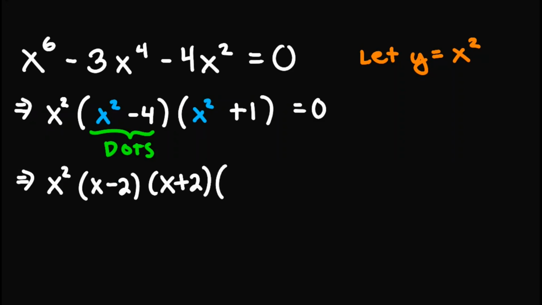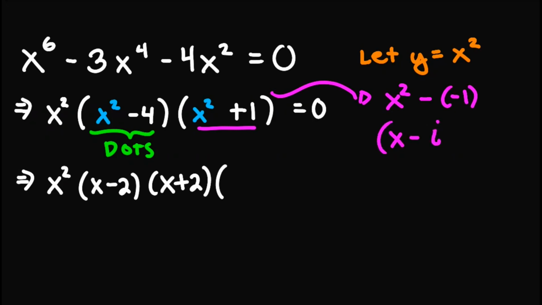How about this one? Note that we can't really simplify it anymore. And if we try to, we'll actually obtain an imaginary root. Indeed, if we try to apply difference of two squares here, we can write it as x squared minus negative 1. And then we'll have here x minus square root of negative 1, which is i, times x plus i. In either case, it is not a real root.